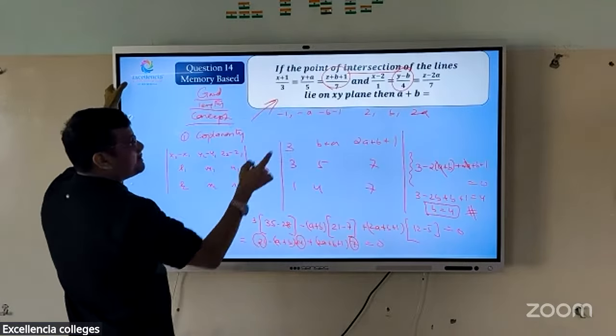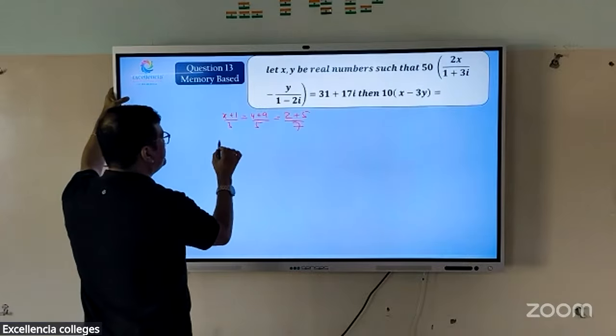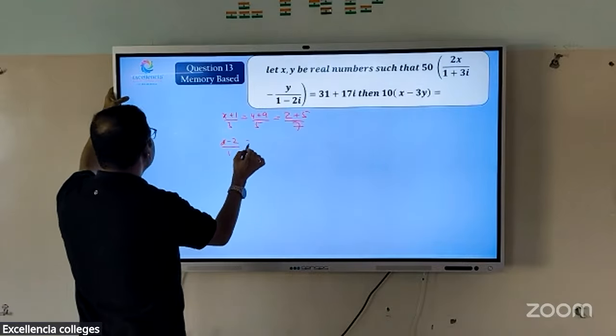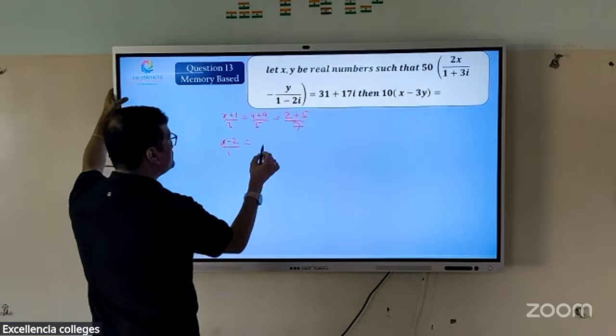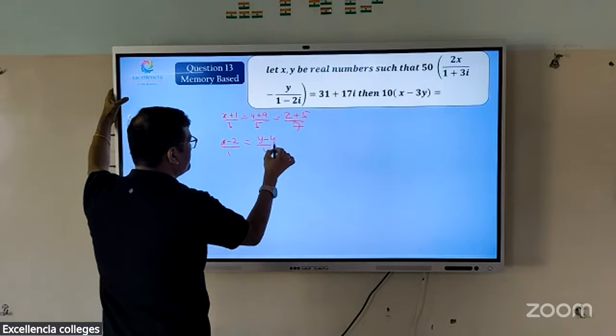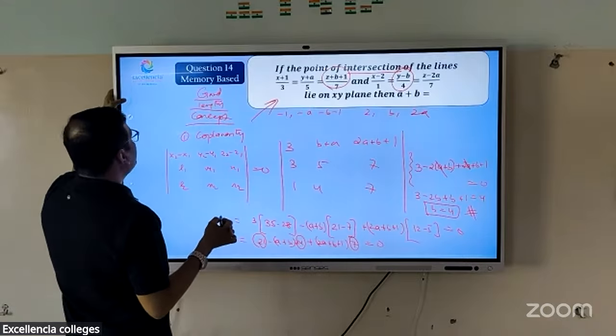The second line is (x minus 2) by 1, (y minus 4) by 4, (z minus 2a) by 6.